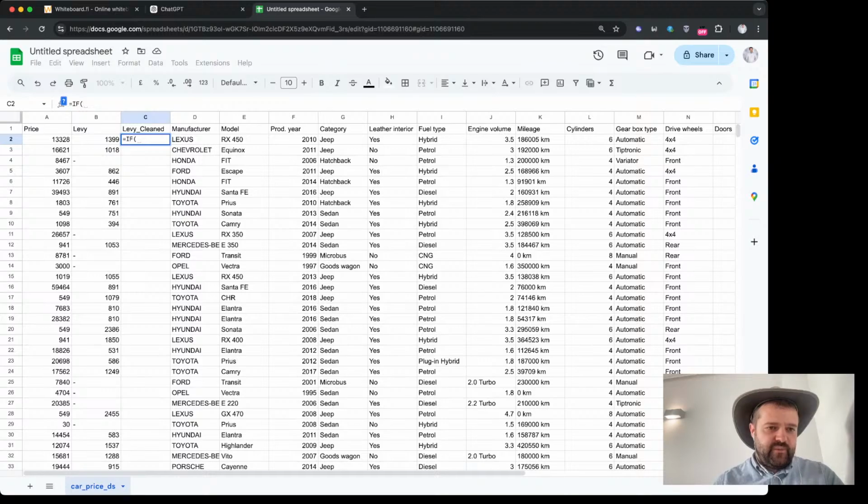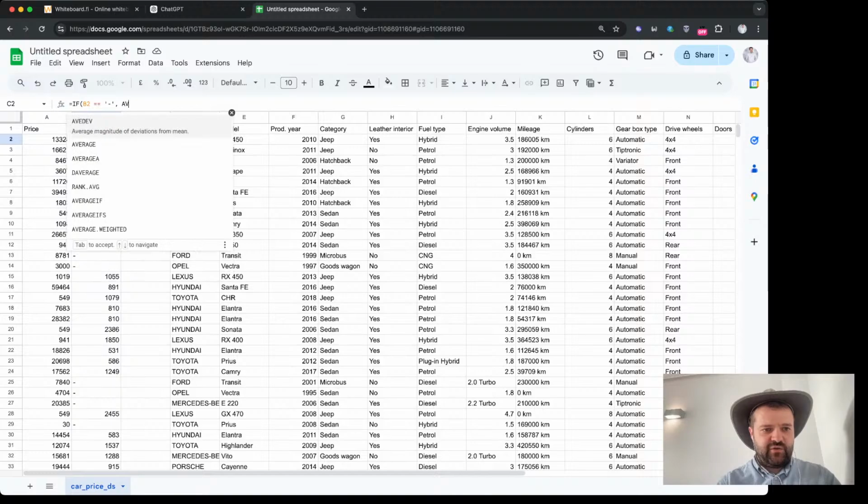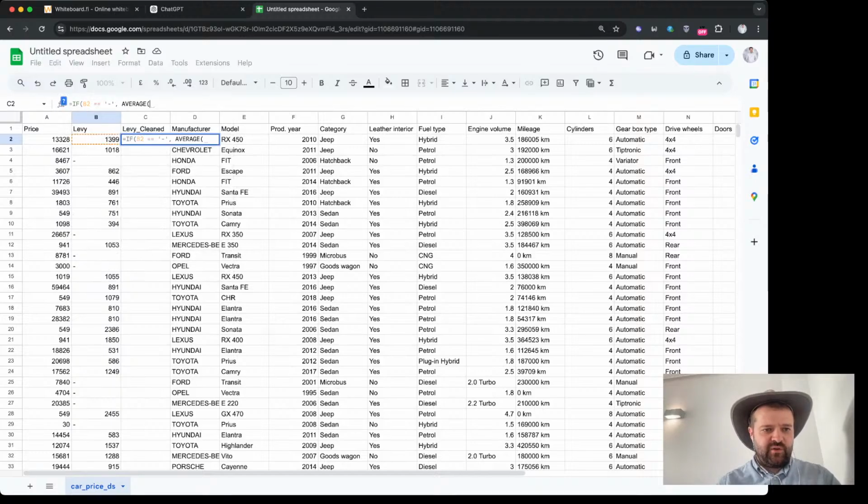So if this cell equals empty, then I want to have the average value of this whole column, except I hope that it will skip my header. If it is not empty, I want to use the same value. So enter, and it gives me an error, probably because of that middle part. We'll see if that's the case.